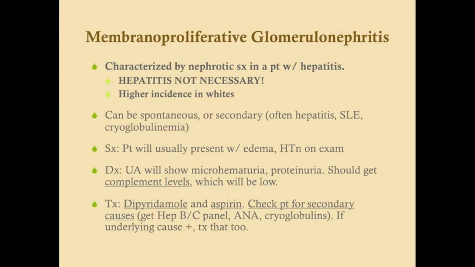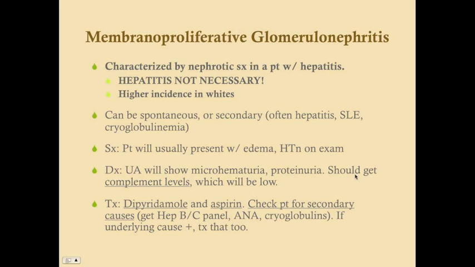And the 3 things that it's usually secondary to is hepatitis, systemic lupus erythematosus, or cryoglobulinemia. And so the patient will usually present with edema and hypertension on exam. These patients will tend to be, frankly, nephrotic. And so your urinalysis will show microhematuria, usually 4+ proteinuria.